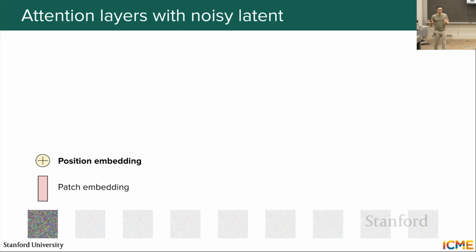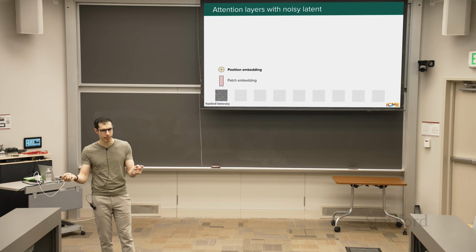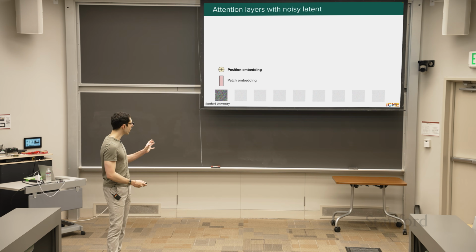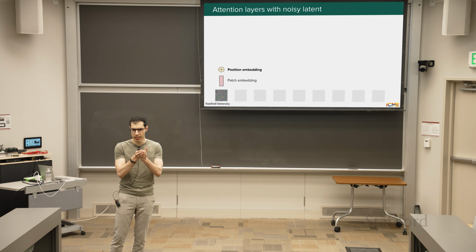There's something I have not told you about, and it's actually something that Shervine will cover in great detail in hopefully 20 minutes. When you perform these self-attention operations, the great thing is you let everyone interact with everyone, but then you lose the concept of how far different elements are, just because you have direct links, which is why you need to specify in which position each input is.